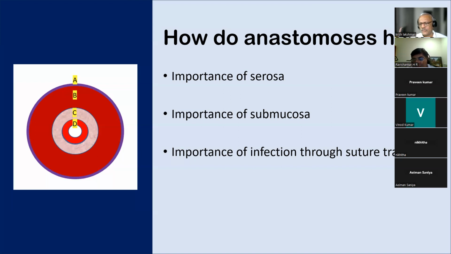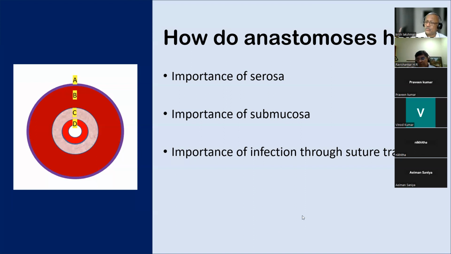But in very vascular structures, like the stomach, for example, you have to do a through and through. But when you do that, you bury it with a second layer, and so that part of it will be invaginated. And so you don't have a direct connection between the lumen and the mucosa to the extraserosal part of the gut. That is the reason you put a second layer.